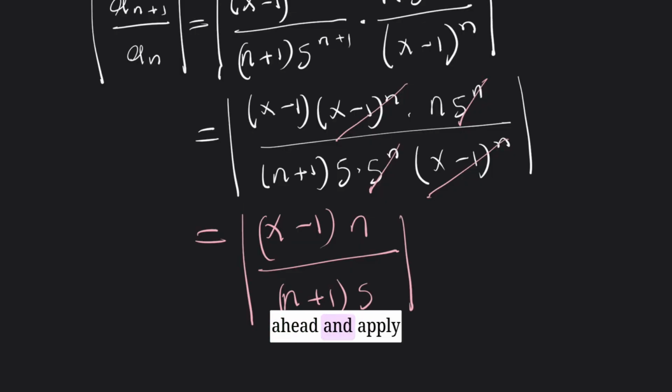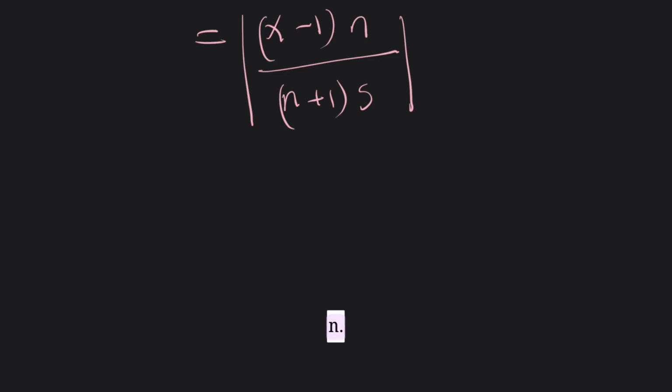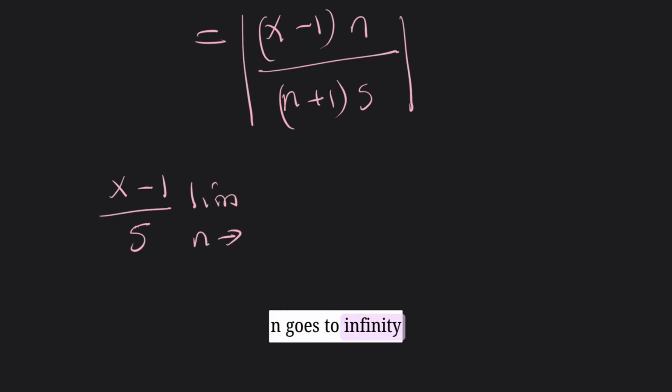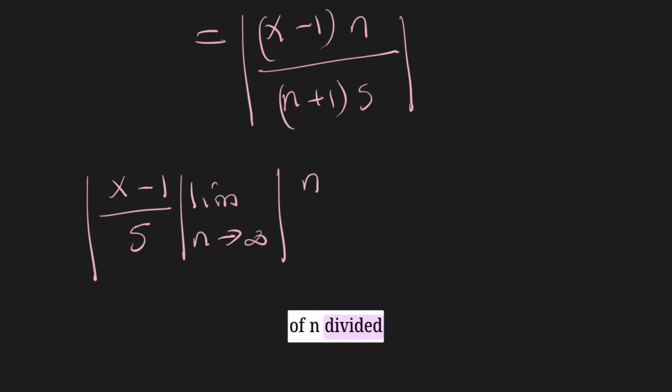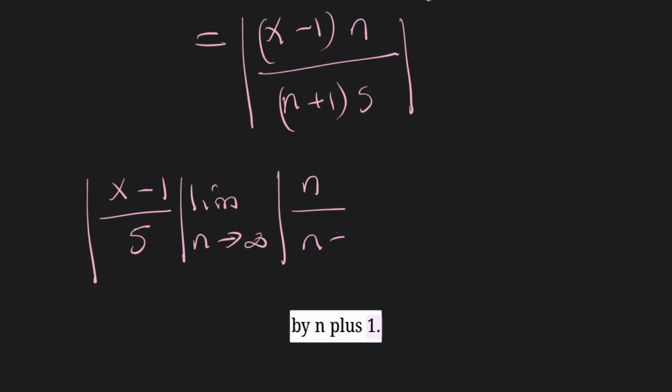Now we can go ahead and apply the limit. Because the limit is taken in n, the absolute value of x minus 1 divided by 5 is constant, so we can take it outside. Then I take the limit as n goes to infinity of what is inside, which is the absolute value of n divided by n plus 1.